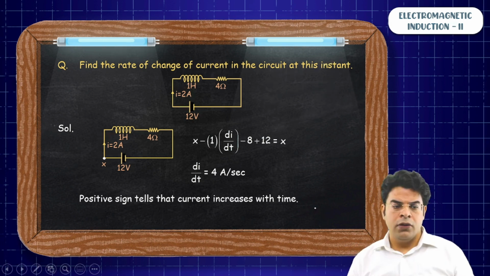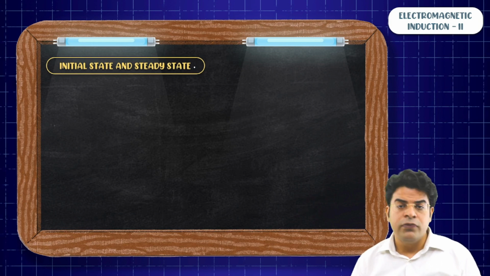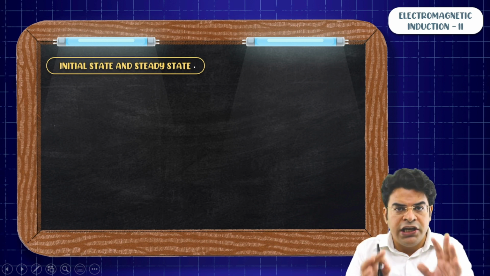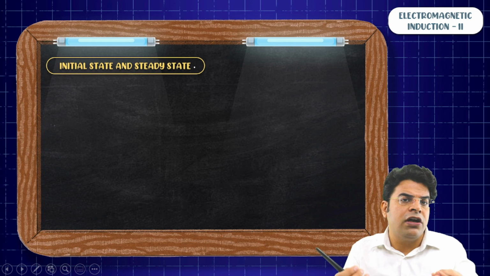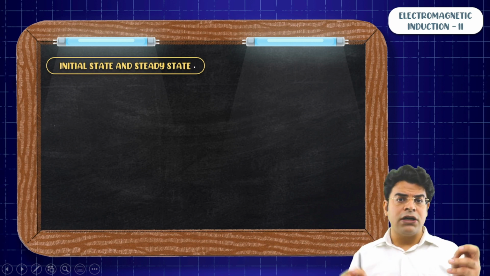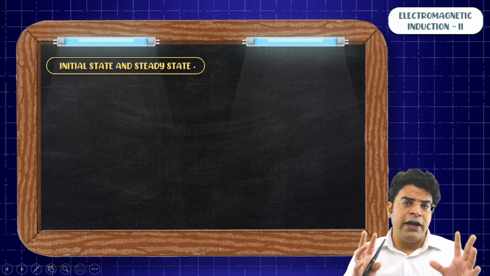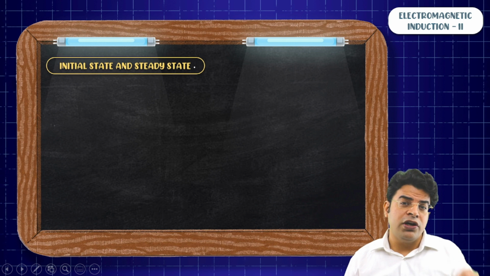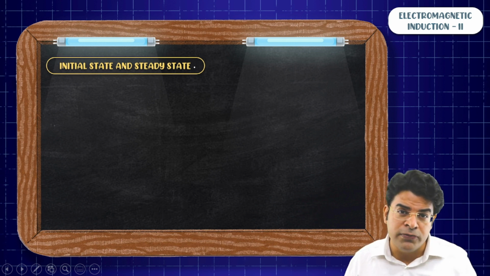Okay. So now we will talk about the initial and steady state. Now these are the states from where questions are asked in examinations. That just after turning the key on, what is the current in the inductor? And what is the current flowing through the inductor after a long time? As a matter of fact, before continuing to teach you this, I would like to tell you that in NEET 2020, not even a single question came from circuit-based problems.